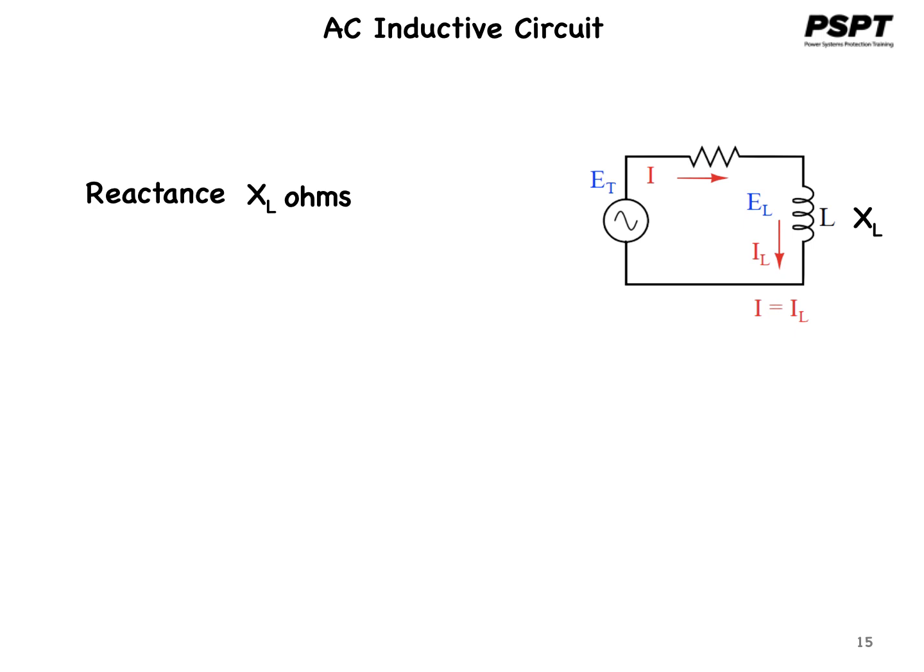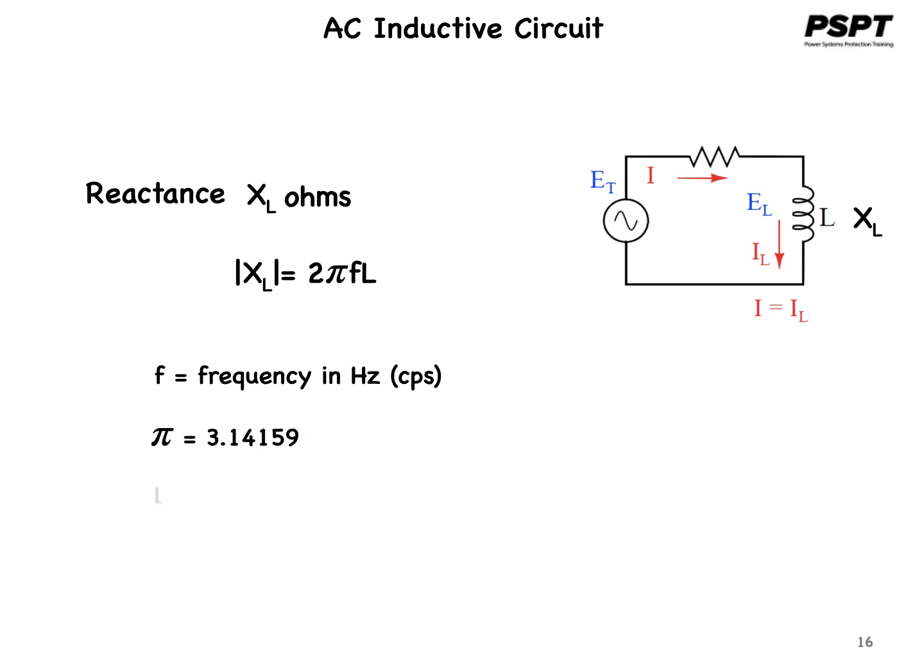The exact formula for determining reactance is the magnitude of XL is equal to 2 pi F L, where F is the frequency in hertz or cycles per second, pi is just 3.14159, etc., and L is the inductance in henries.